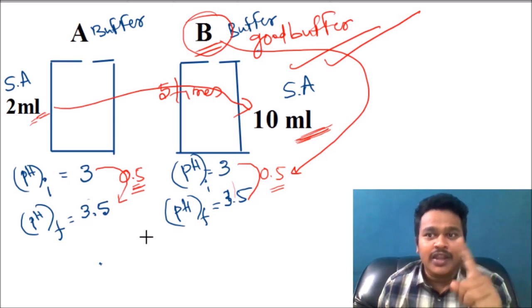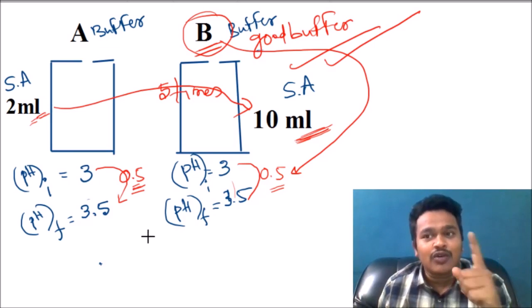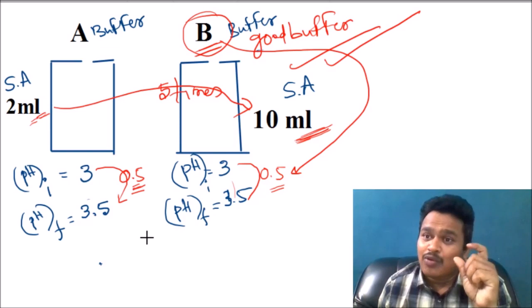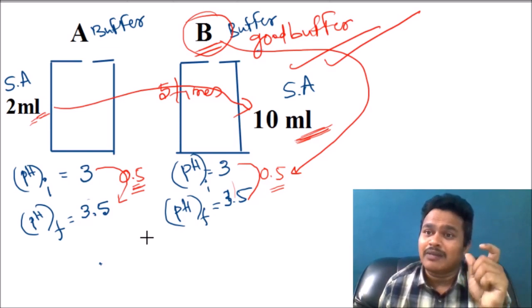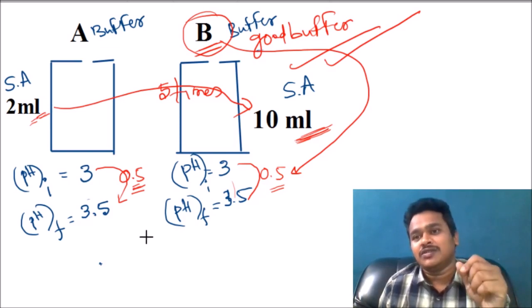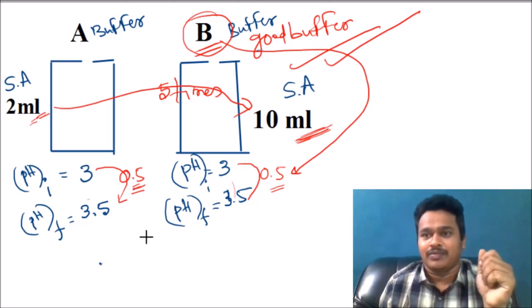Okay. Unity. I have to calculate for unity. My point is I have to calculate the amount of strong acid or base for the change of pH 1.